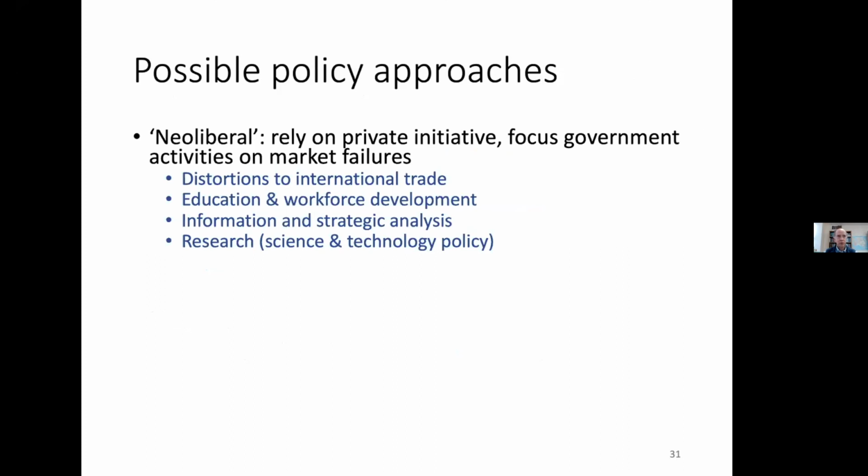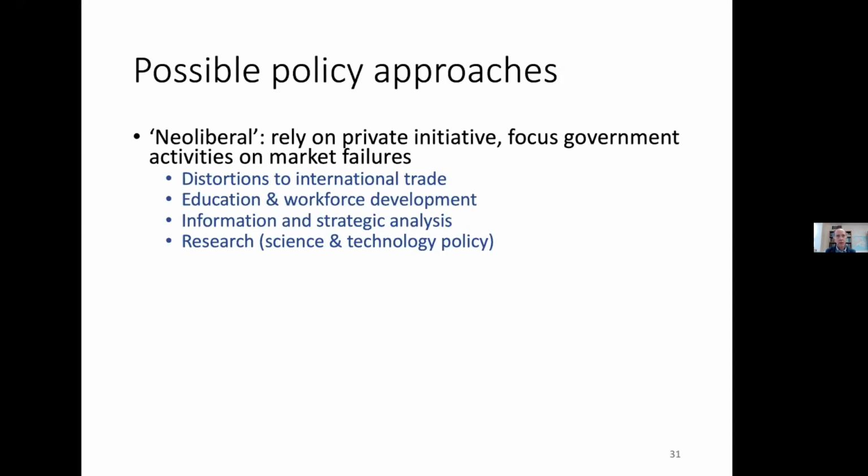I'm using the term to mean an approach that starts philosophically by relying on private initiative to solve supply chain problems and focus government activities on areas where the private sector by itself systematically fails. And it's essentially a focus of government policy on establishing a framework in which market activities can thrive.